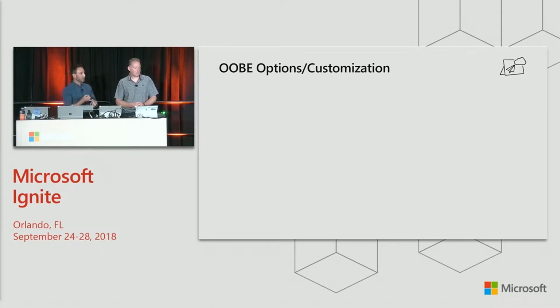You need to go to your local account or Microsoft account. Otherwise, you have to then join it to your work or school account. Cortana, we want to save you all this time. And in fact, what we've done as part of the preparation for this session is we timed how long it would take a normal installation of Surface on Windows 10 and how long it would take Surface with AutoPilot.